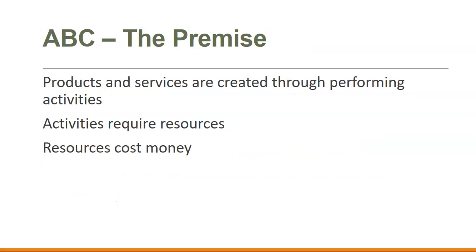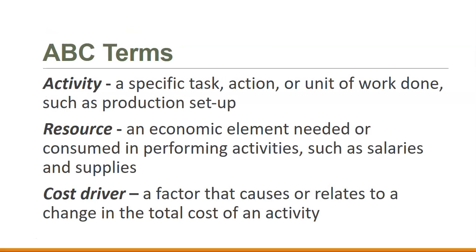Activity-based costing looks at the idea that activities require resources and resources cost money. Money and activities are the things that we use to create our products and services. What those activities are will be unique to every type of situation. So the activity is a specific task or unit of work done.